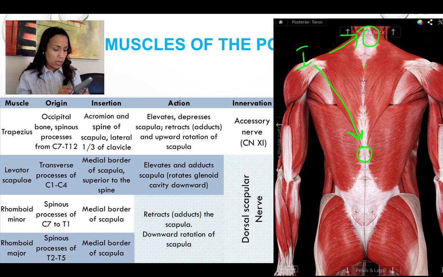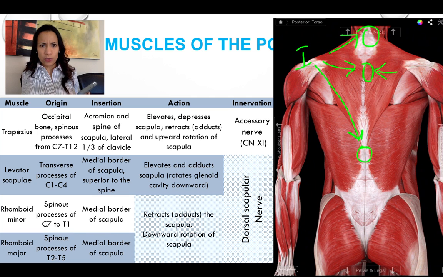But also we have another origin in here, right? And if the insertion moves in this direction towards the origin, what can I do? I can square my shoulders, right? And that's bringing the two scapulae together posteriorly, and that's called retraction or adduction of the scapula. What else?